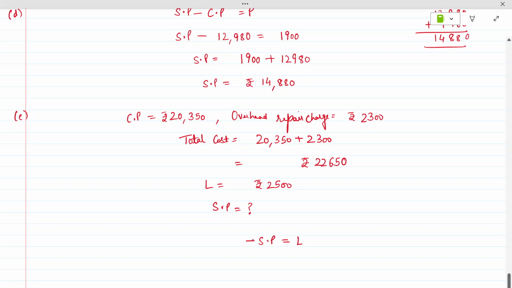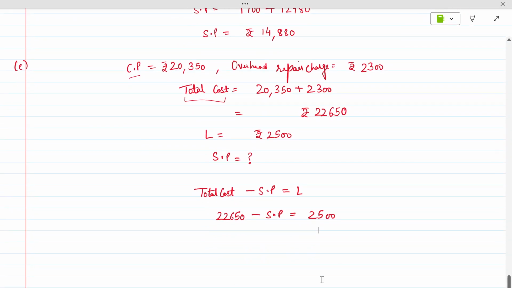In this case, instead of CP, we will have total cost because we have overhead cost also. So what we write here is total cost minus SP is equal to loss. Total cost is 22,650 minus SP is equal to loss 2,500. Now we do the normal subtraction.